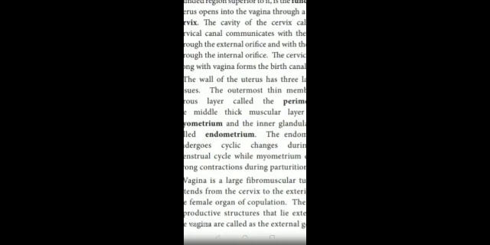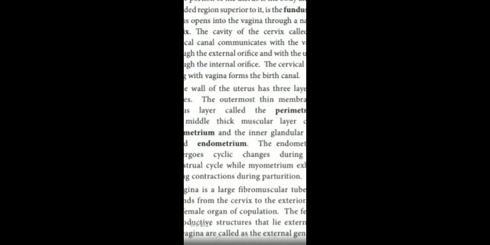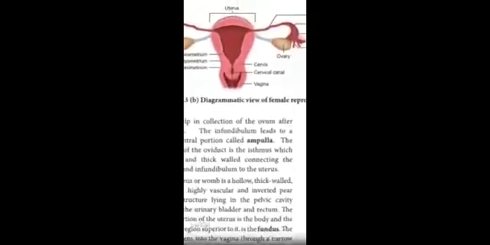The female reproductive structures that lie external to the vagina are called the external genitalia, also called the vulva. This vulva comprises the labia majora, labia minora, hymen, and clitoris. So these are the parts, and they are present in this area.